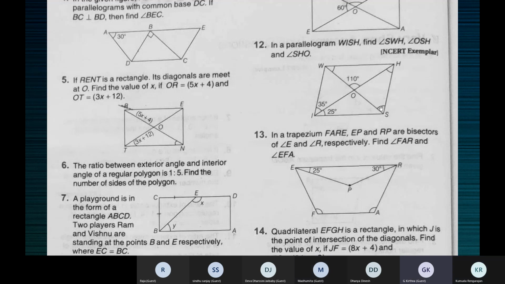But 60 is only half of it. This is 60. Till there I understood. After that, which form a linear pair? Ma'am, S is half of the angle. No, we cannot assume that it is half of the angle.